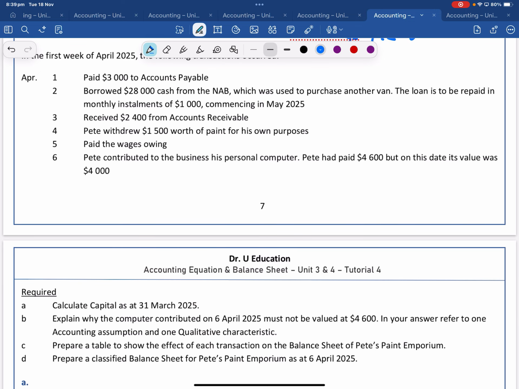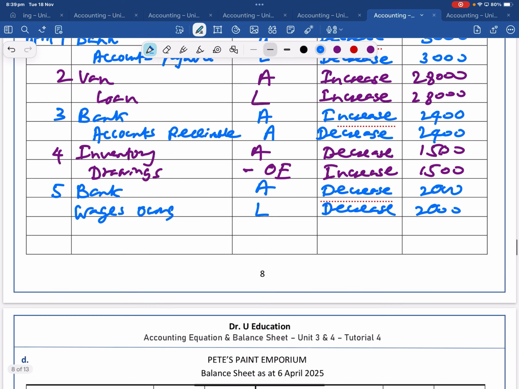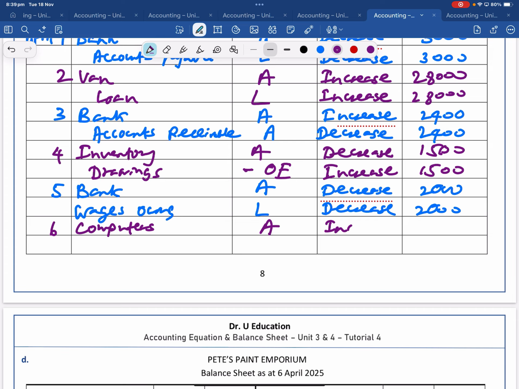Pete contributed to the business his personal computer, which he had paid 600 for, but on this date its value is 4,000. We can write number 6. What is it? Computer. What happened to the computers? Increase. 4,000.